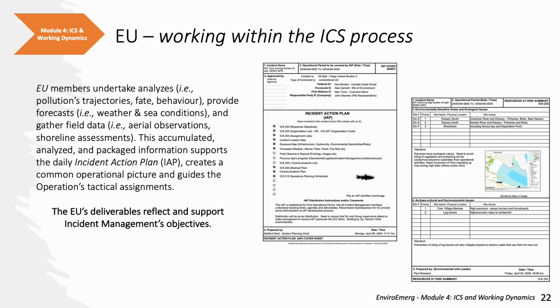This gathered, analyzed, and packaged information supports the daily incident action plan, creates a common operational picture, and guides operations tactical assignments. Essentially, the environmental unit's deliverables reflect and support incident management objectives.